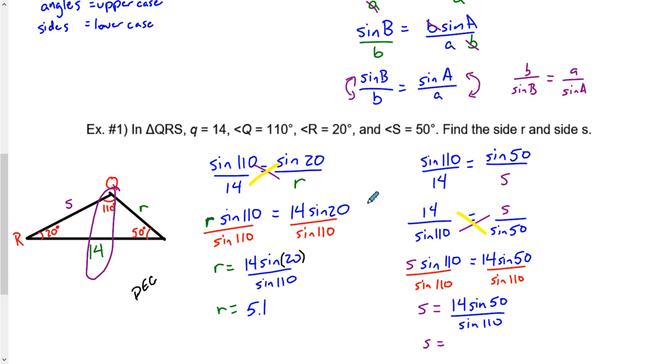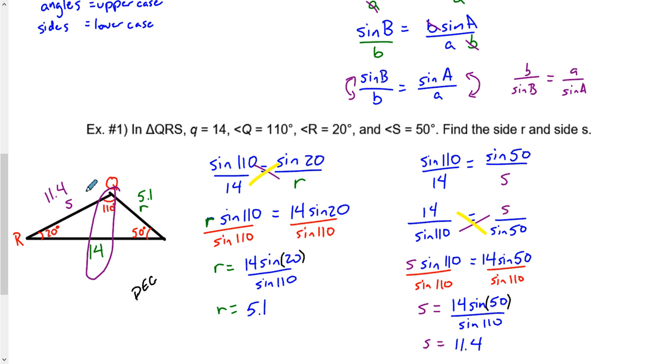So 14, sine 50, and my bracket again, and I divide by the sine of 110. I get 11.4. That's 11.4.